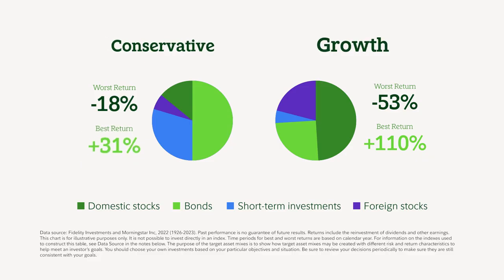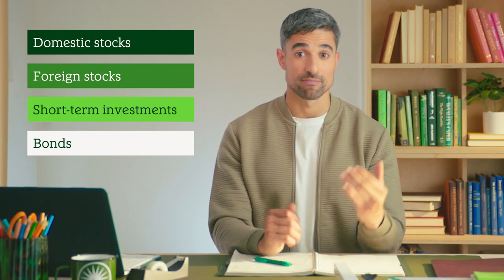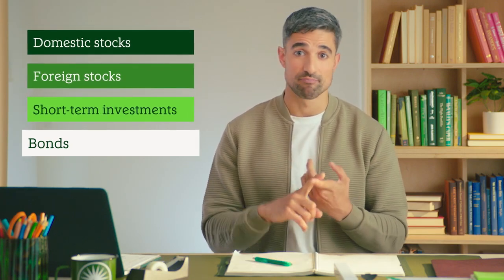For the growth portfolio, its worst return was negative 53%, but its best was almost 110%. As you can see, the conservative portfolio was able to take hits better, but didn't reach as high returns compared to the growth portfolio.